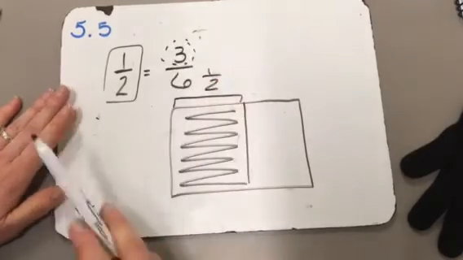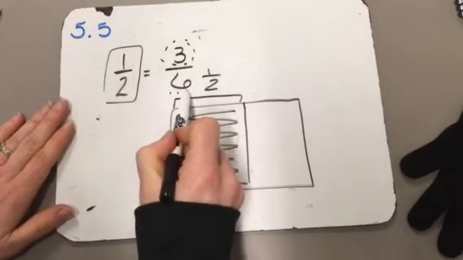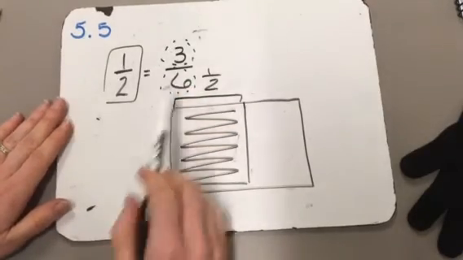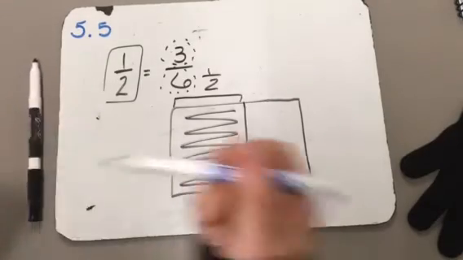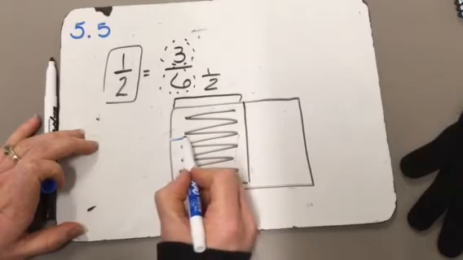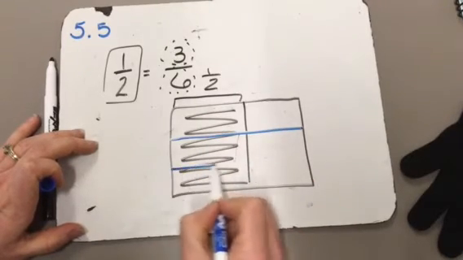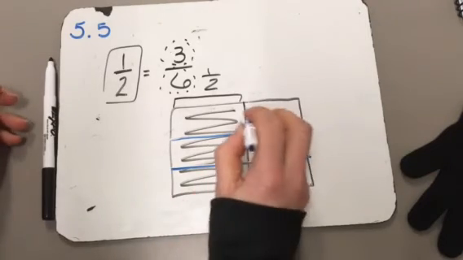That's how many pieces should be shaded in. This is my denominator. This tells me how many total pieces I should have. So I should have 6 total pieces. Right now I have 2. I need to cut them into 3 groups. Now I have 6. 1, 2, 3, 4, 5, 6.